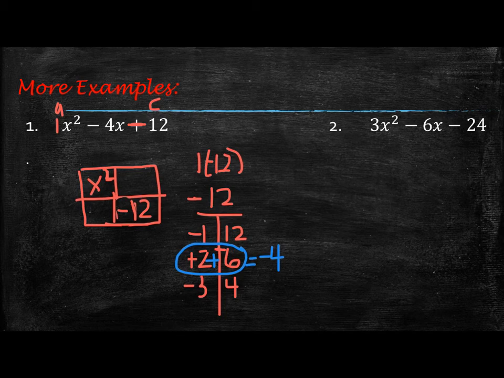Okay, so now the plus 2x, you're going to put in one of your remaining window panes. And the negative 6x is going to go in your other window pane. And so now we want to look at the GCF for this column, and that's going to go above it.